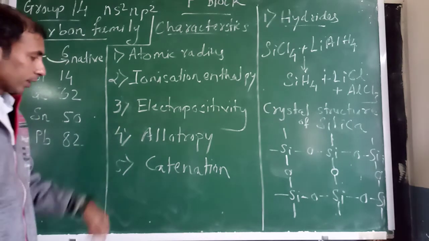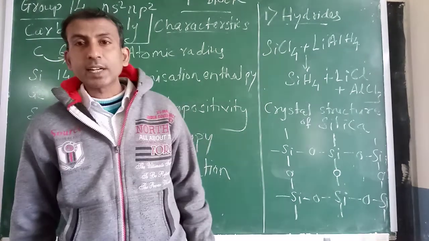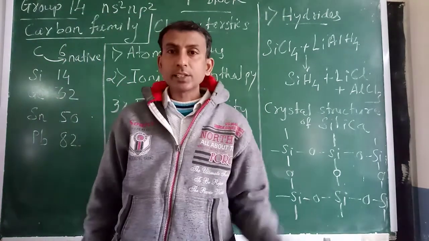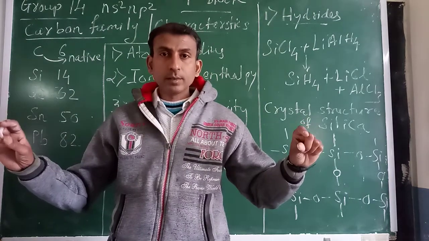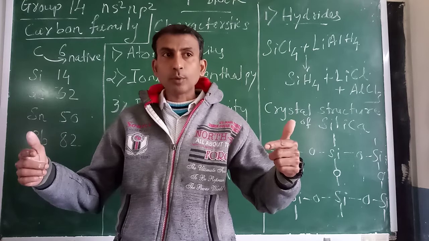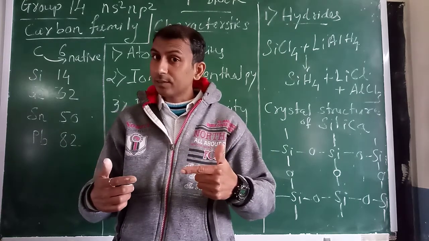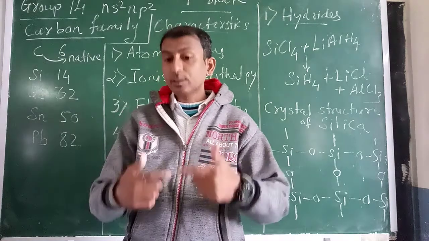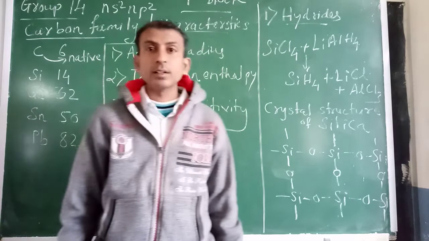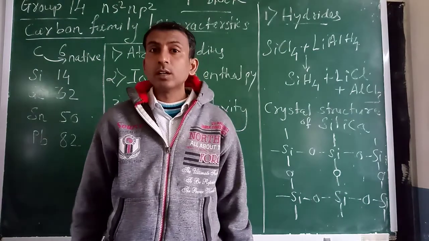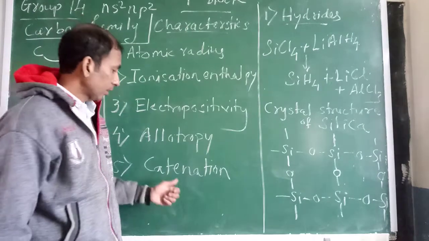One more very important characteristic is catenation. What is catenation? Catenation means chain formation. These elements have the property to get self-linked with each other and form a continuous chain, and that property is called catenation.